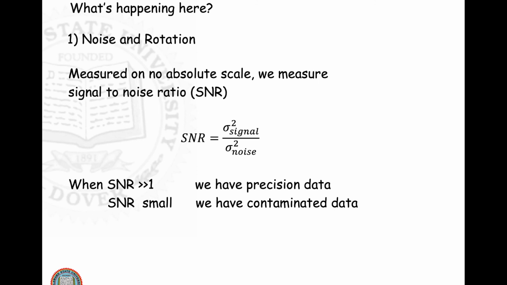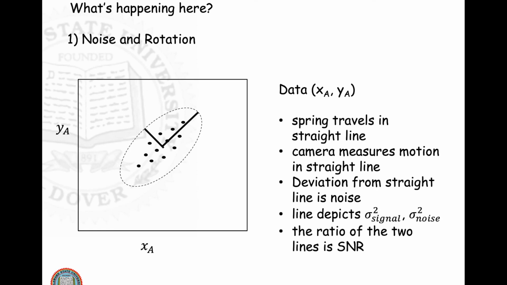And when the signal-to-noise ratio is much greater than 1, we have so-called precision data. Our dynamics are not adulterated to a large degree by noise. But when this signal-to-noise ratio is small, that means we have highly contaminated data. It's confounded by noise. And so let's take a look at an example.